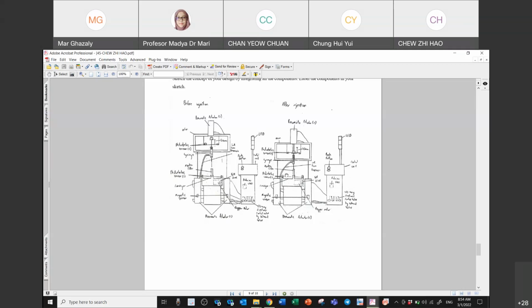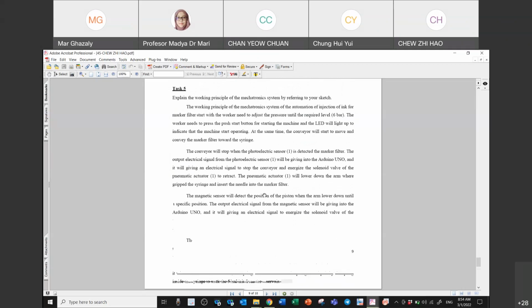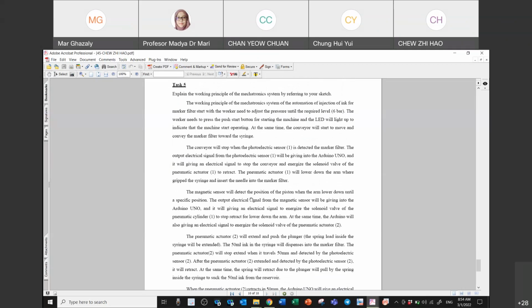Okay, and label everything. So I would say that most of the labeling here is represented in task 1, 2, and 3. Okay, that being discussed, so should be okay lah. And lastly is task 5, to explain the working principle.